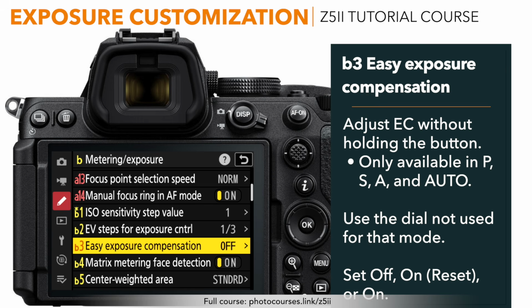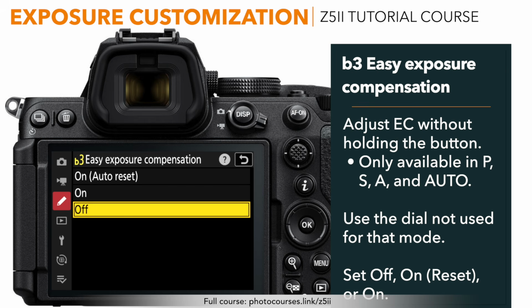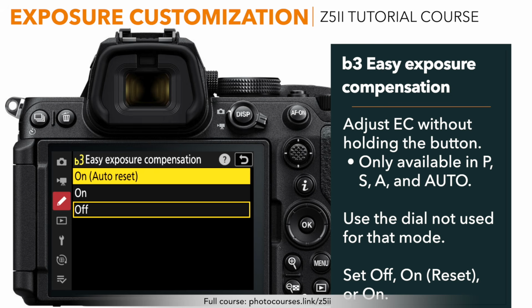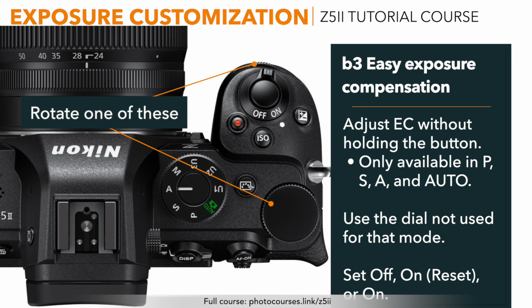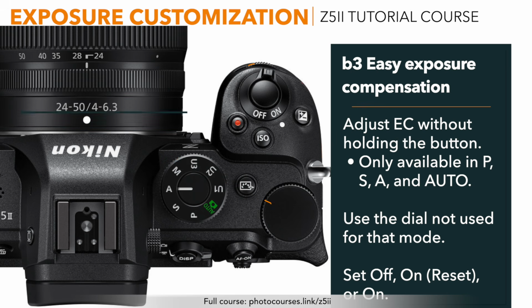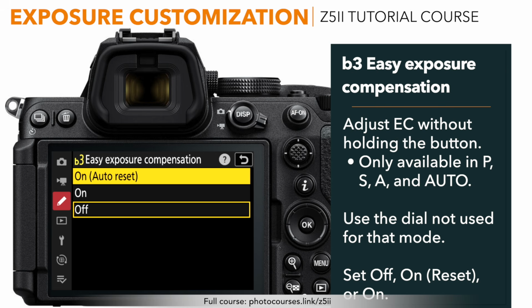Easy exposure compensation is where you can turn off the need to push that exposure compensation button and hold it while rotating the main command dial to change your exposure compensation, as we saw a few lessons ago. If you turn this setting on, all you need to do is just rotate the dials to change your exposure compensation without having to hold down the button. This is not available in manual exposure modes. So if you set it to on auto reset, you'll use the command dial to change the exposure compensation.